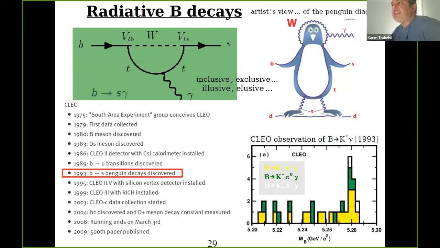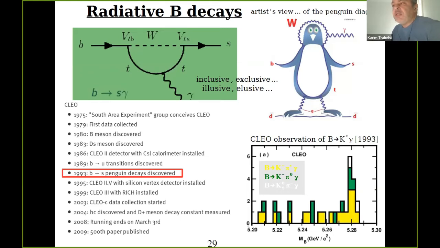I will talk about exclusive and I will talk about inclusive. But those are the famous penguins, and you have all these stories around the penguin. I find it impressive, the effort of people to make the diagram look as much as possible like a penguin, and I put here a very nice artist's view of the famous penguin.